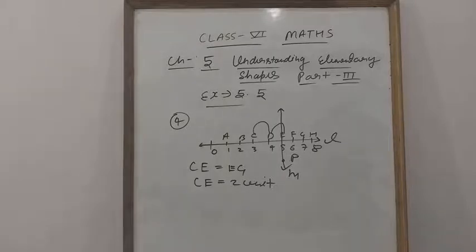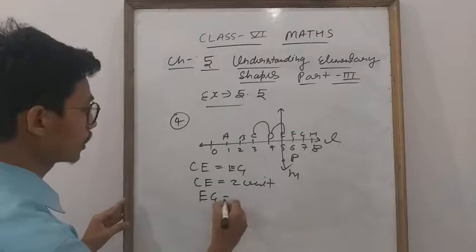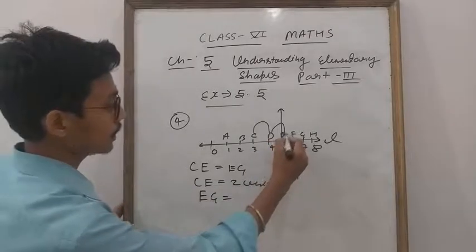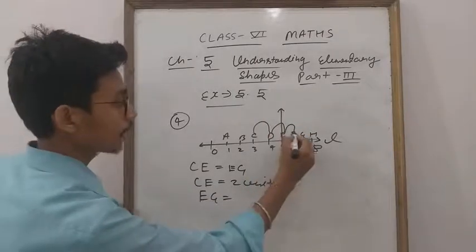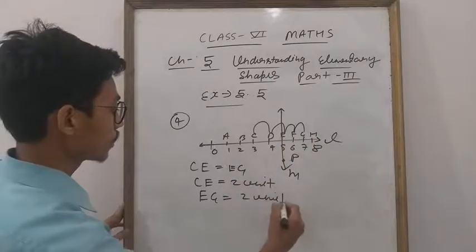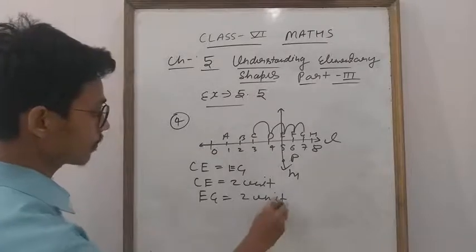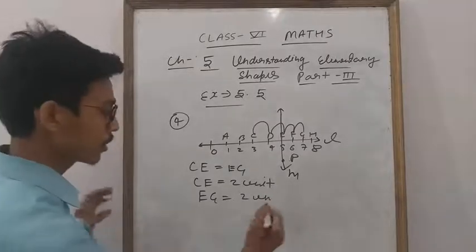Okay everyone. Now again you have to move from E to G. See E to G. That is, E to F is 1, F to G is 1. That is, again 2 units. Okay everyone, if both distances are the same, so this is common sense.